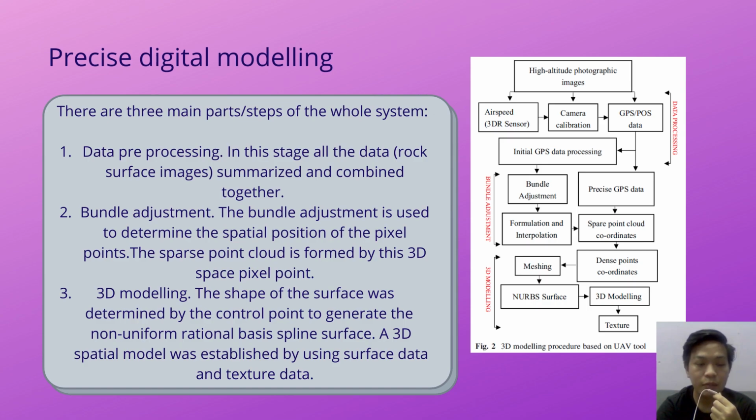And third, 3D modeling. The shape of the surface was determined by the control points to generate the non-uniform rational basis spline surface. A 3D spatial model was established by using surface data and texture data. This is the flowchart of the 3D modeling procedure based on UAV tools.